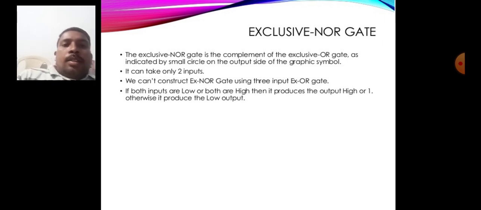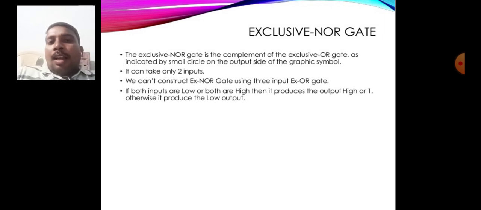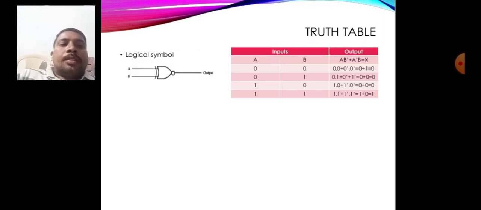What is the logical operation and the truth table of this gate? Now, observe the symbol and this table. A and B are the two inputs. If both inputs are low, the output is also low. If input A is low and B is high, the output will also be low, that is 0.